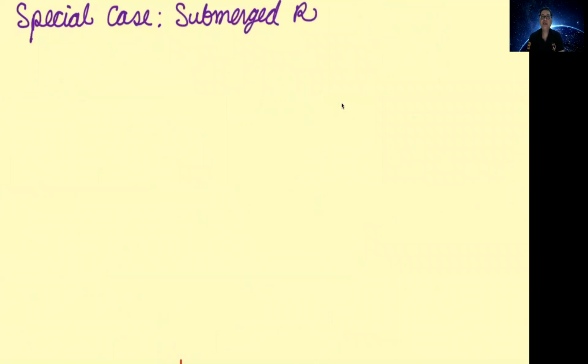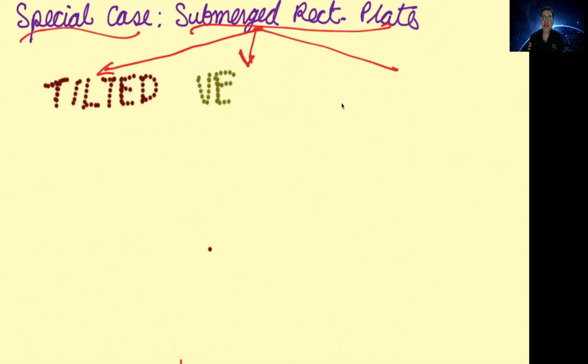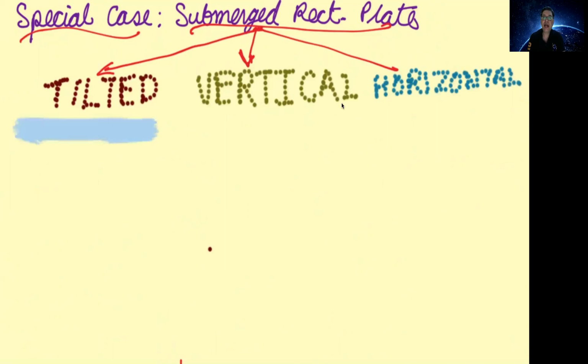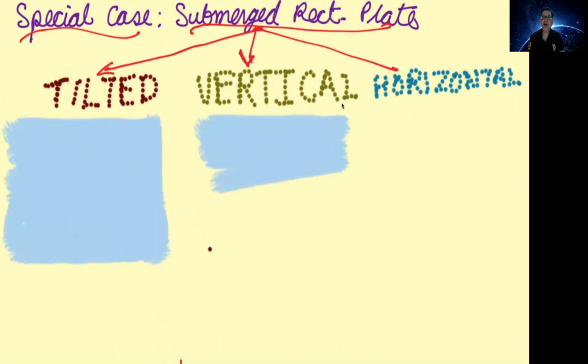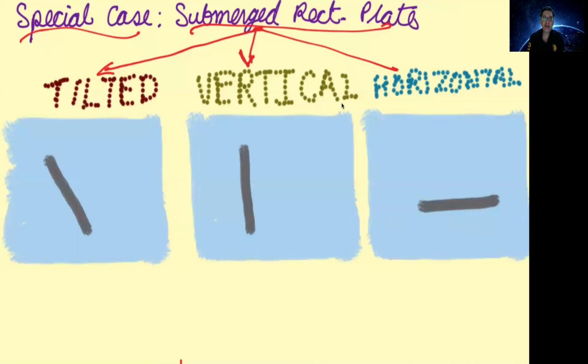Now let us take some special cases of the submerged rectangular plate. We'll consider three different cases: tilted or inclined plate, vertical plate, and a horizontal plate, as shown here. So this is a tilted plate, vertical plate, and a horizontal plate.